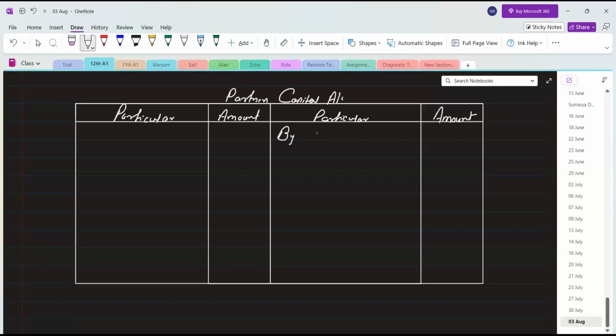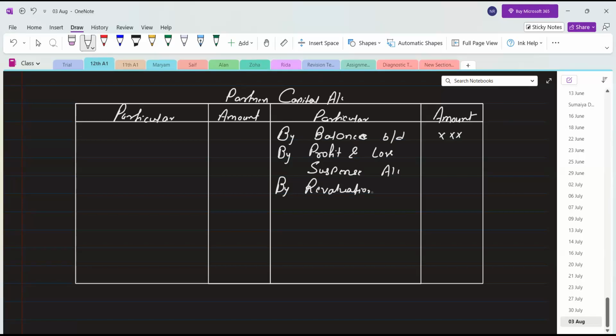So the first is by balance b/d. Then we will add the current year profit, so profit and loss suspense account. By revaluation account, if there is any revaluation profit, it will be written here.